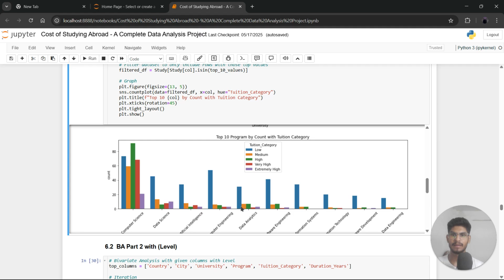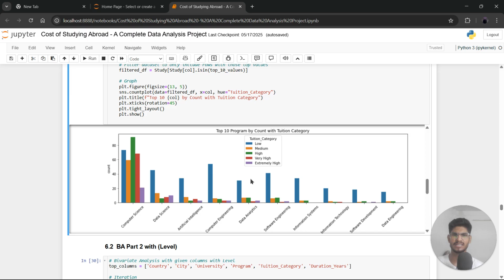So we can see right here that for computer science, I think the distribution is fine. The computer science tuition fees is not extremely high, but kind of low or medium or high. Nothing differentiates.